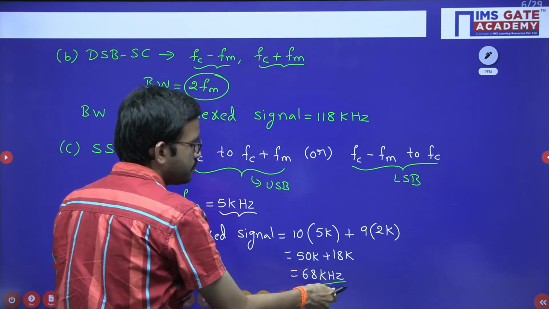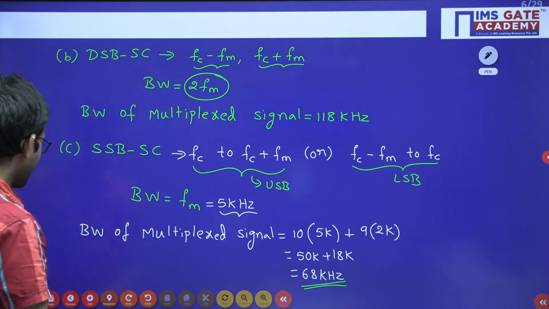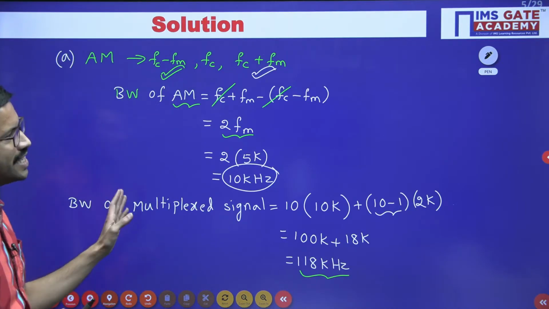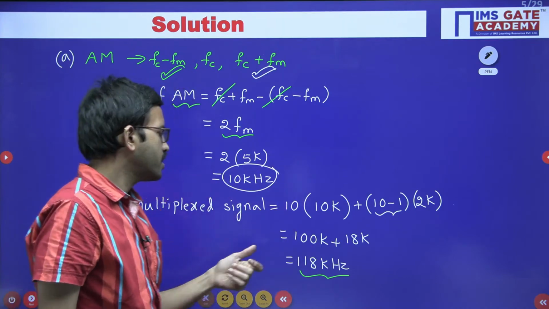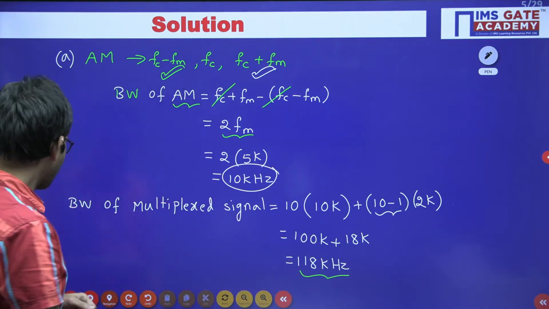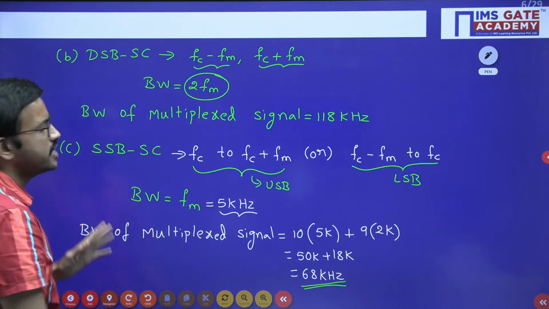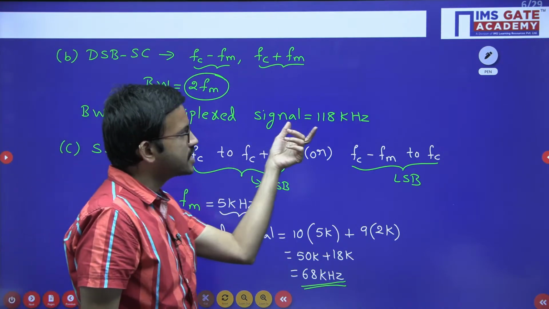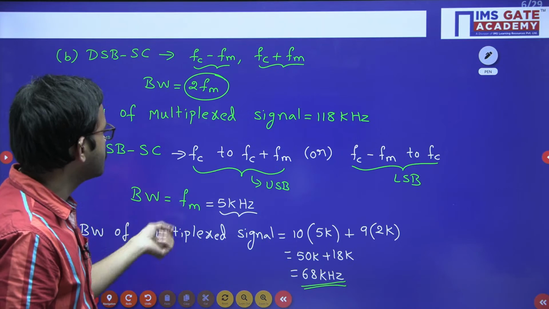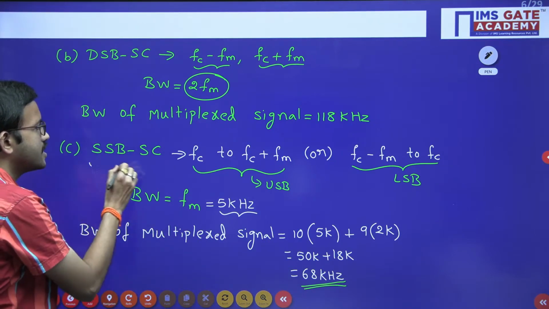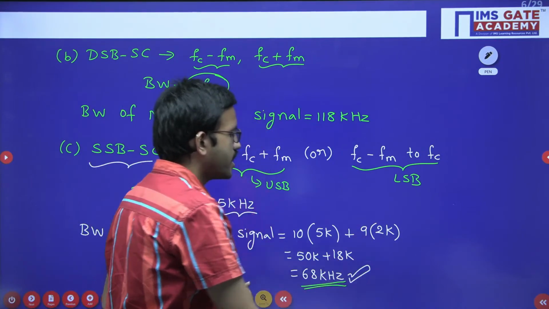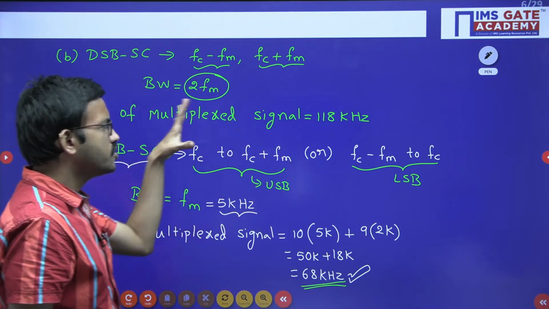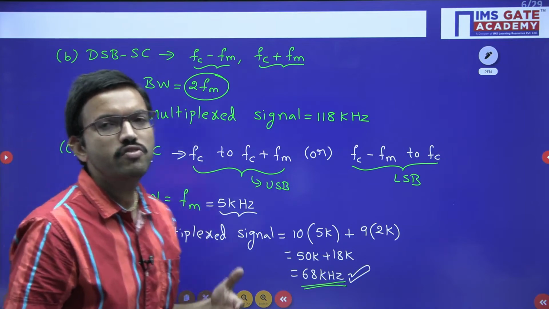Just observe, here we have solved the question in 3 cases. If all the modulators are AM, we get 118 kHz. If all the modulators are DSBSC, we also get the same answer, 118 kHz. If all the modulators are SSBSC, we get 68 kHz as the bandwidth. Now, just observe these 3: which one would you recommend?